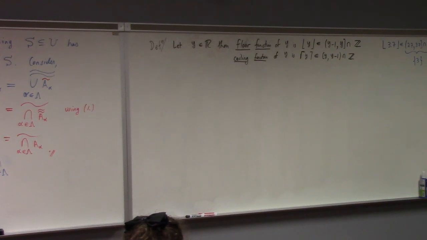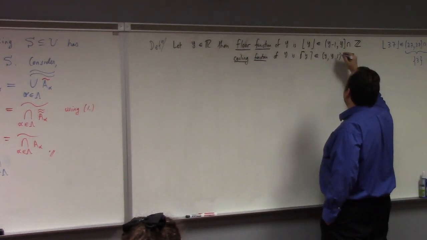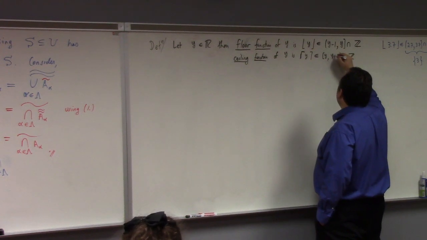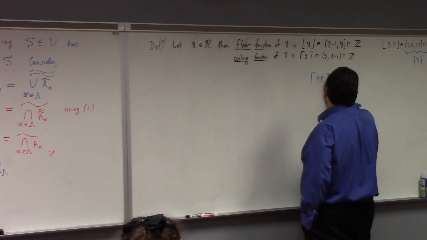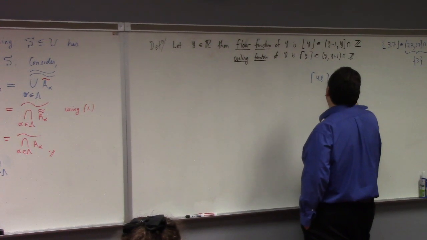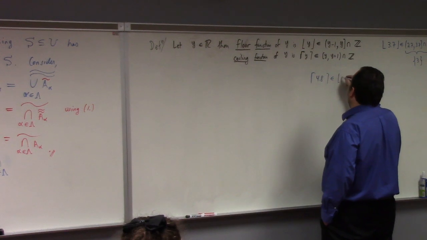I think for the ceiling function, it needs to be bracket y comma y plus 1. So you're going to argue in a plus 1 here? Okay, let's try your definition out. I like it. So let's say the ceiling function of 4.8, right? I want that to be an element of, according to your definition, which I'm hopeful, I want you to win.